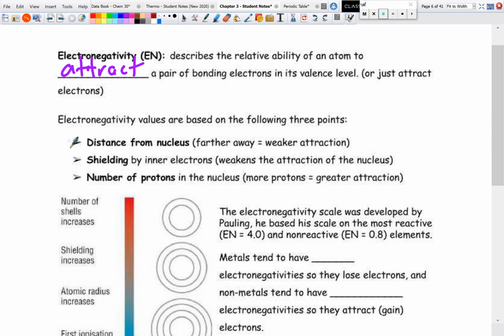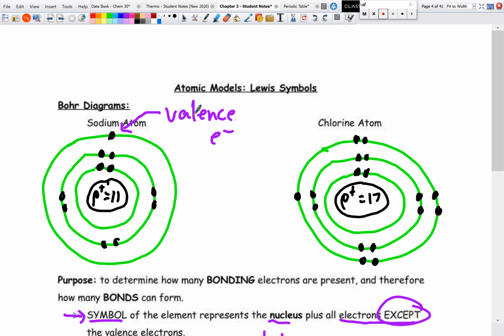So one of them, these all refer to this right here, distance from the nucleus, and this specifically means the bonding electron. So the further away it is from the nucleus, the weaker the attraction. Shielding by inner electrons. So what this means is, if you go back to our Bohr models on our previous page, notice how I pointed out here, this is the valence electron. So this is one electron in the valence.